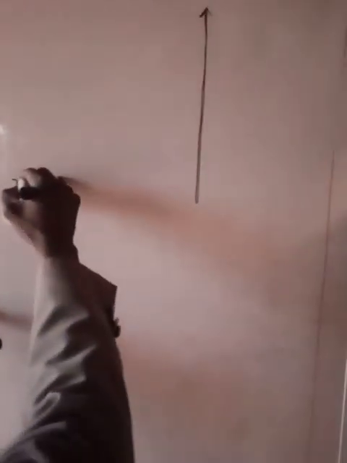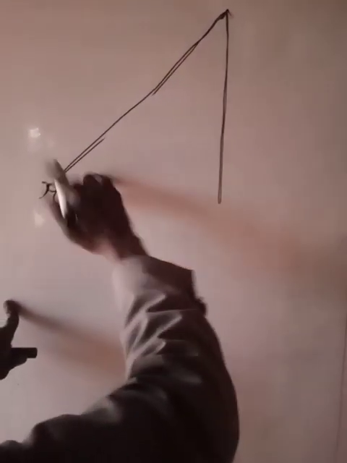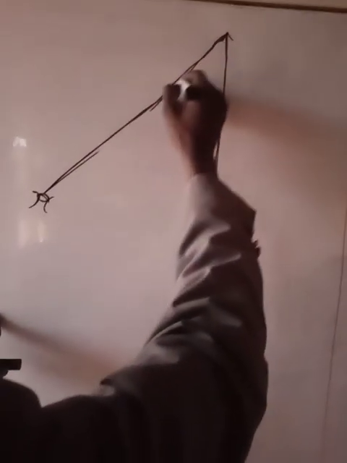Imagine that we have a building. Let this be our building, the height of the building. Let's say this is the object, this is your eye. You are looking from here at the top of the building, from your eye level.